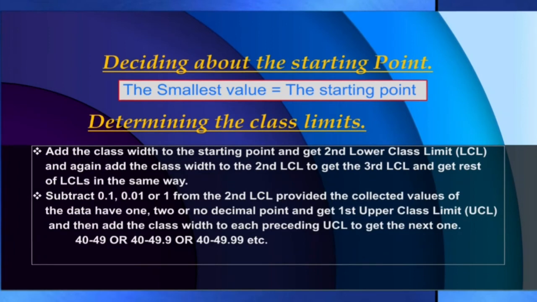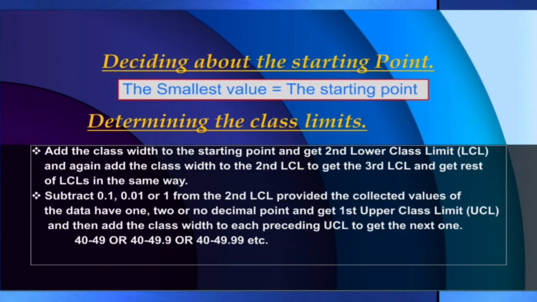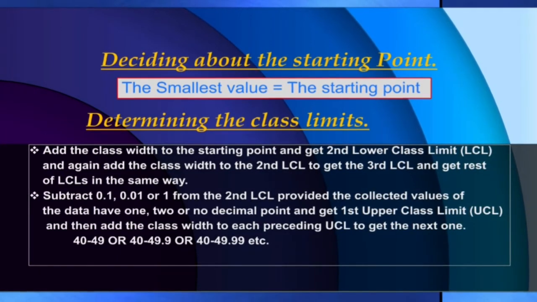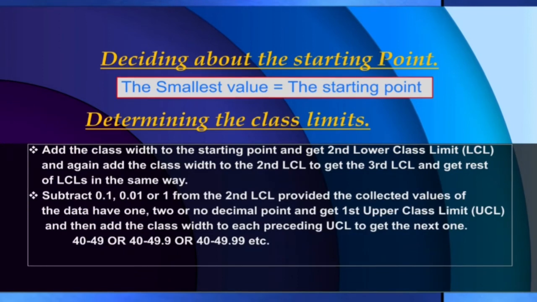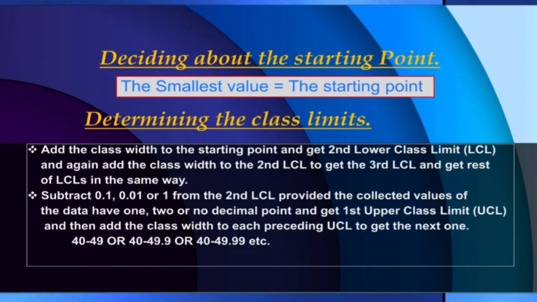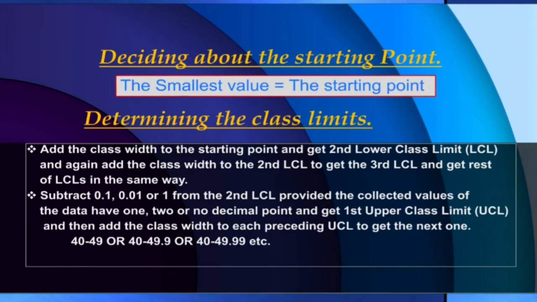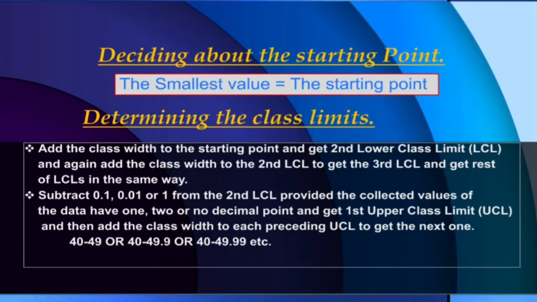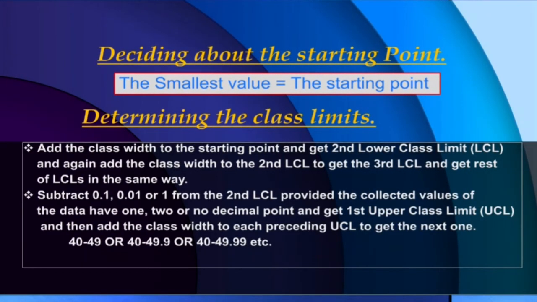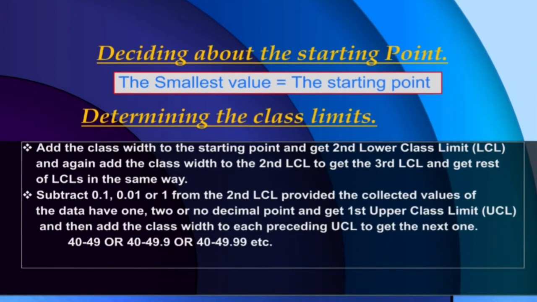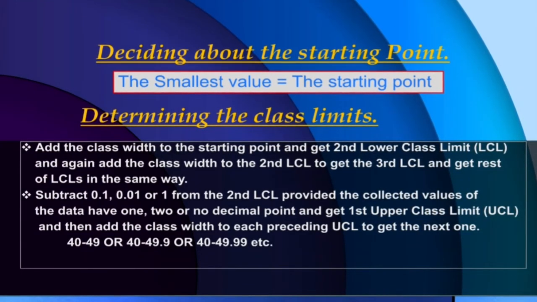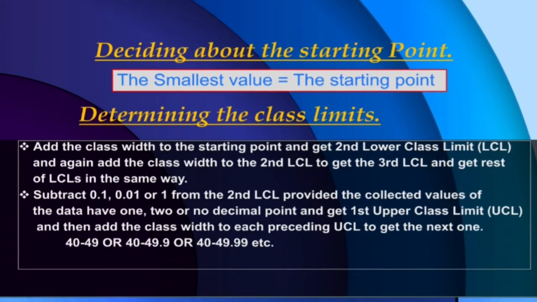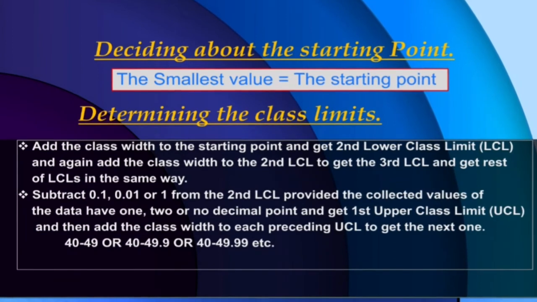In configuration of the upper class limit, instead of adding, subtract 1, 0.1 or 0.01 from the second lower class limit and get the first upper class limit, and once the first upper class limit is found, simply add the class width to it and get the second upper class limit, and so on. 0.1, 0.01 or 1, what to subtract surely depends upon the value of the provided data, whether there is 1, 2 or no decimal points.